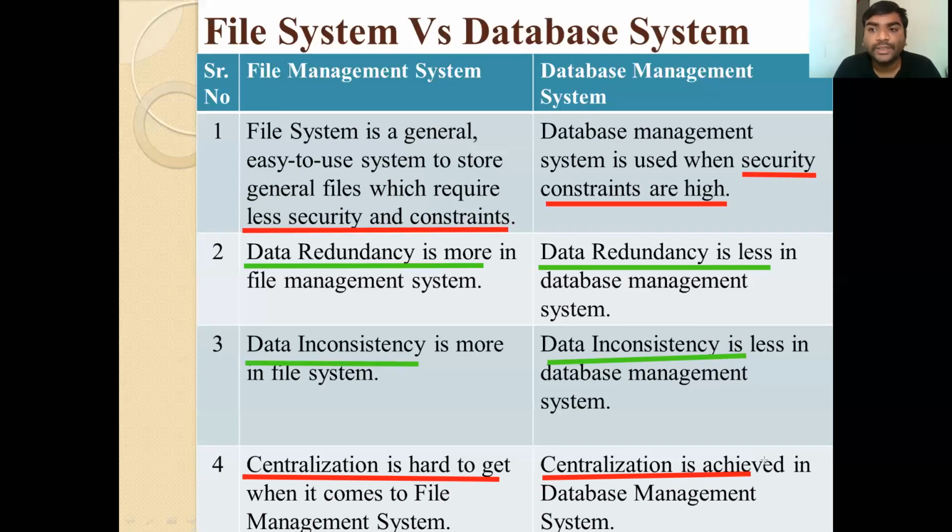You are not able to achieve centralization in the file management system, because when you store a file, you can store it at multiple locations, or that file can be distributed in your computer system. But while storing data in the database management system, all the data is stored at a central location, so the centralization concept is achieved.